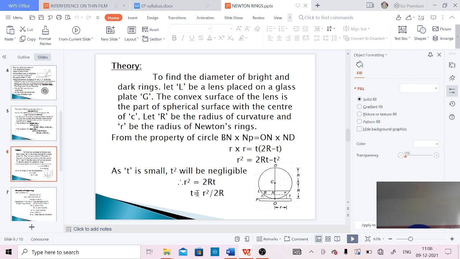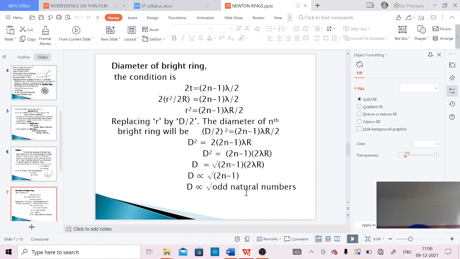We now know the thickness value. Next, how do we find the diameter of the bright ring and dark ring? See here, the condition for the bright ring is 2t equals (2n minus 1) lambda by 2.